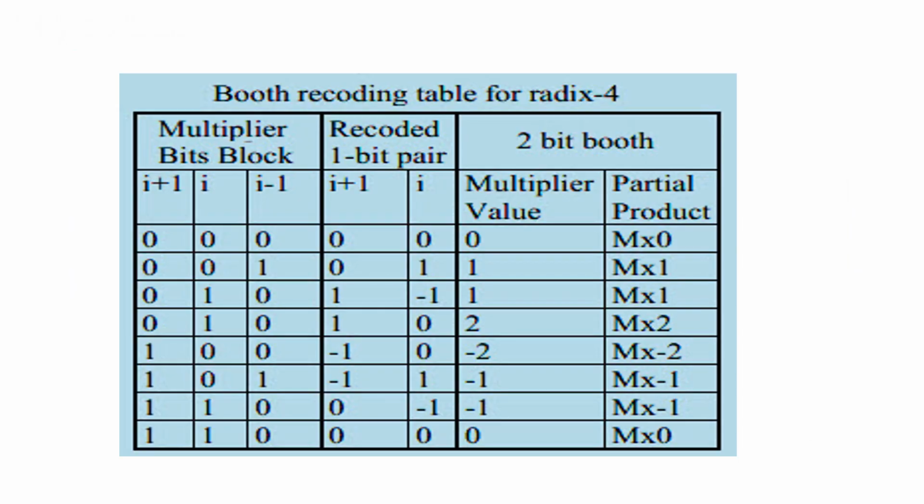So we have the Booth recoding table for radix 4, with i plus 1, i minus 1, i plus 1 and i. We can consider the values with respect to the partial product: either we multiply by 0, multiply by 1, multiply by 2 or multiply by minus 2, and so on.